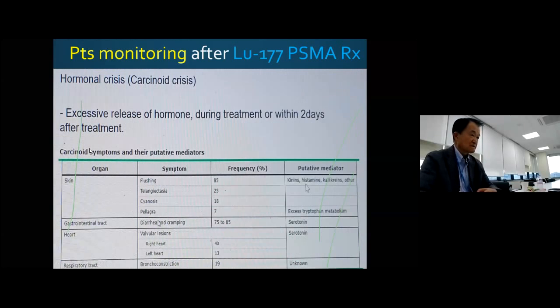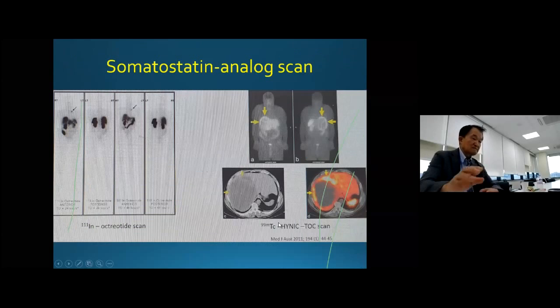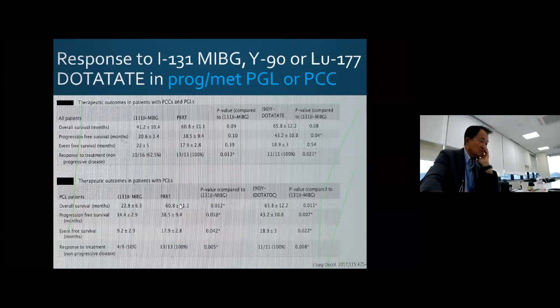This is a scan again, a technetium scan. This one shows the same tumor, but when there is a large necrosis, you are seeing only the active cancer cells surrounding it. Survival using peptide is a little bit better here, and in paraganglioma, using peptide compared to MIBG therapy, survival is better.